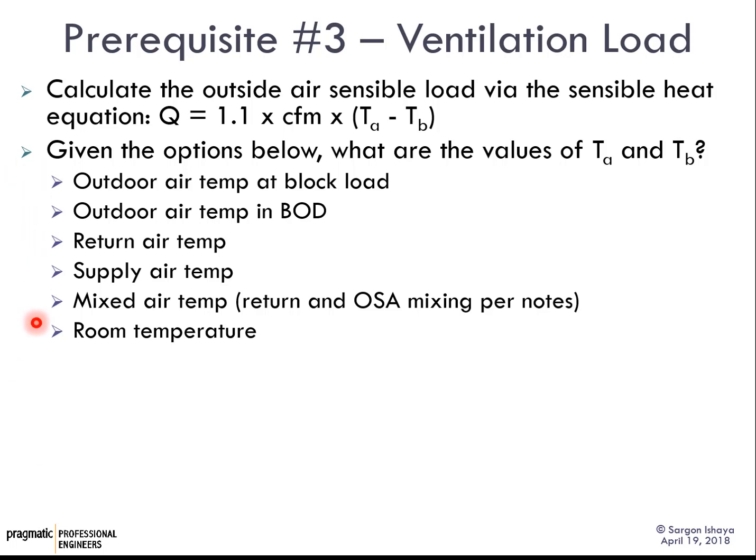My question is, and I'm going to allow you to pause the lecture if you'd like to think about it, what are the values of T sub A and T sub B in this equation to calculate the outdoor air load? Which of these 6 temperatures should we be plugging into those 2 values? That's the question. So think about that for a minute.